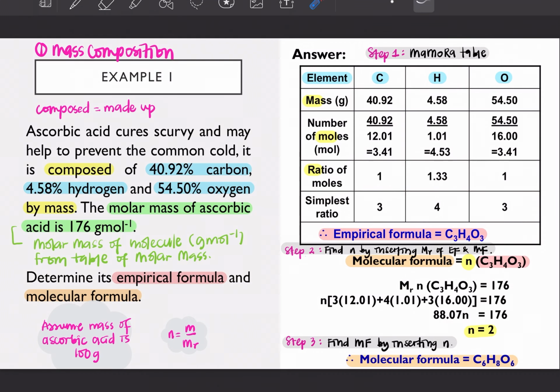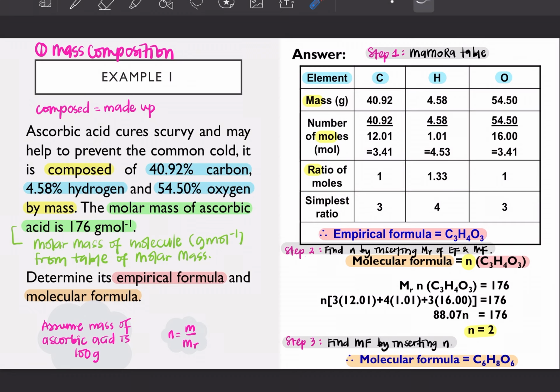The first step when we have the percentage, the mass composition of your elements in the molecule, is to assume the mass of ascorbic acid to be 100 grams.